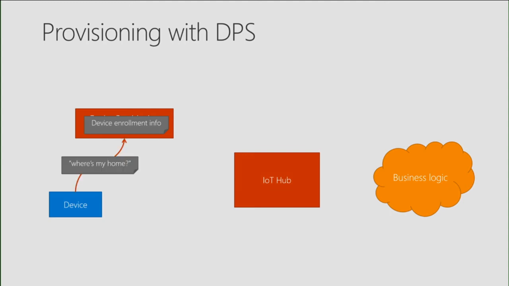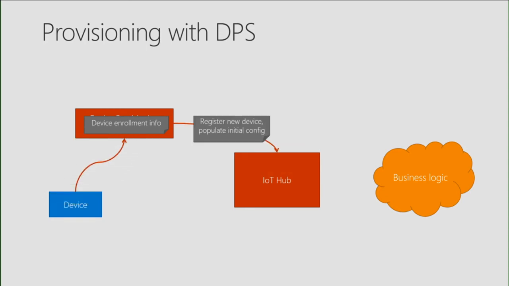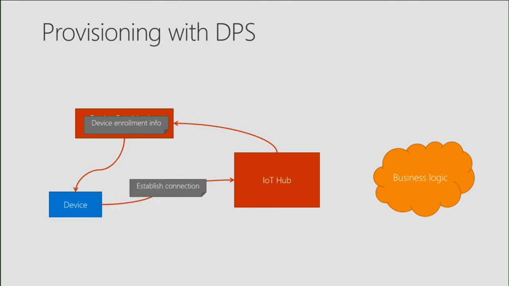Now, one of those toasters turns on, and it goes, hey, where do I go? Provisioning service will validate that device's identity against the enrollment list, and then once that passes, it will then create that device identity within the IoT Hub. It will then pass that registered device ID back, give it to the device.